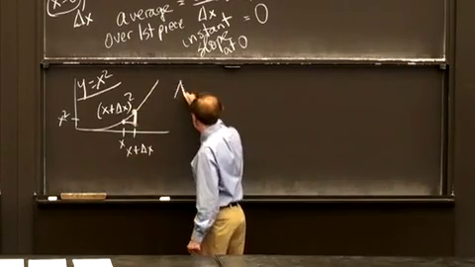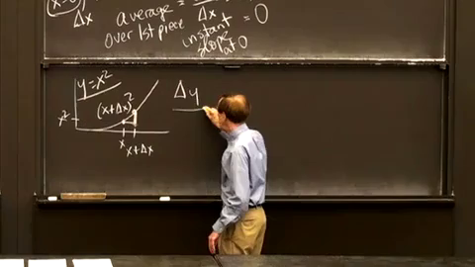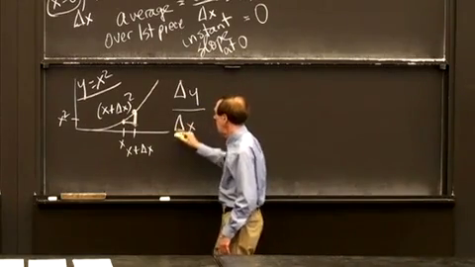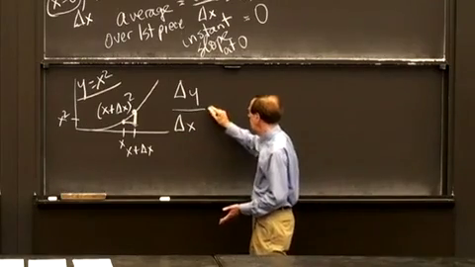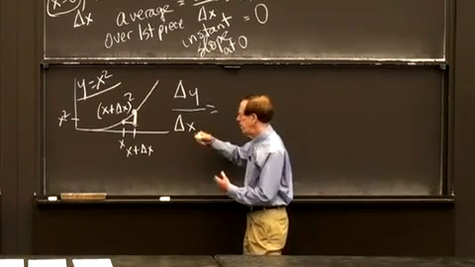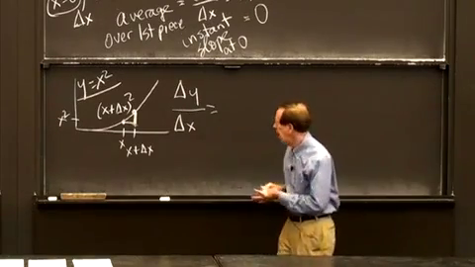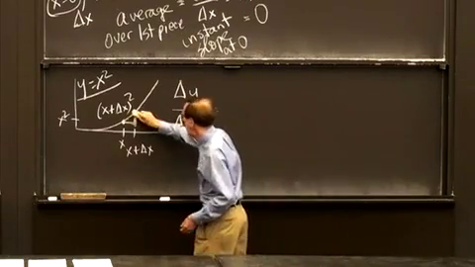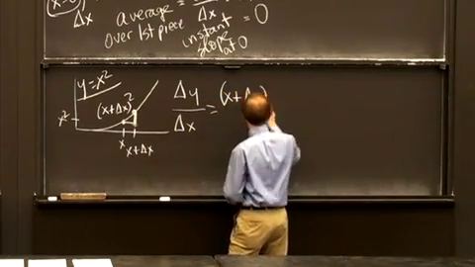So delta y is the change up. Delta x is the across. And I have to write in what is delta y. It's this distance up. It's x plus delta x squared.